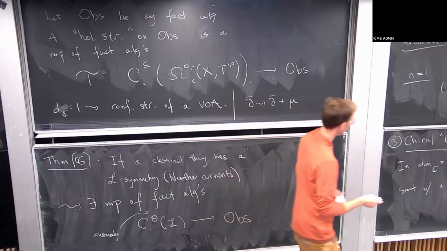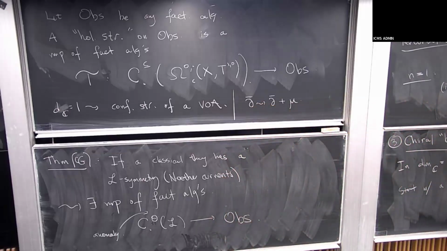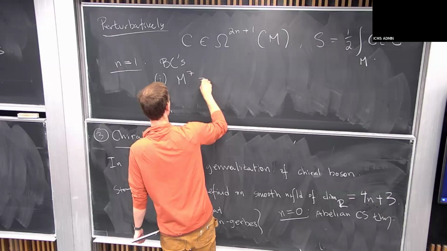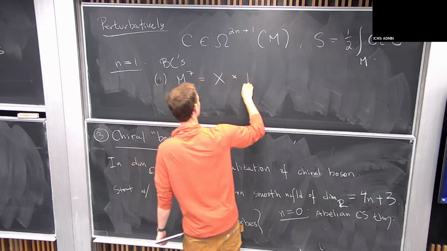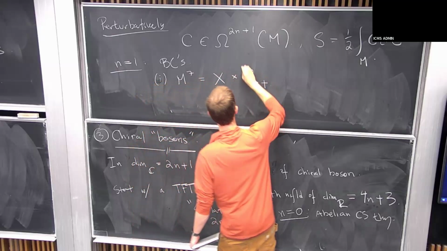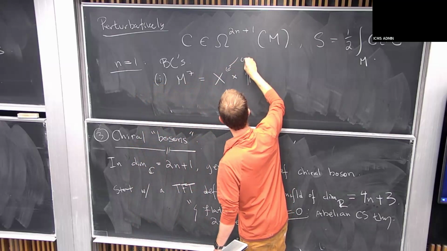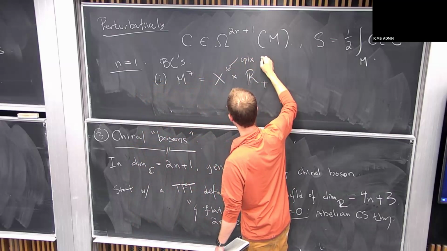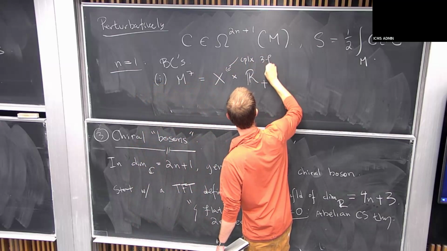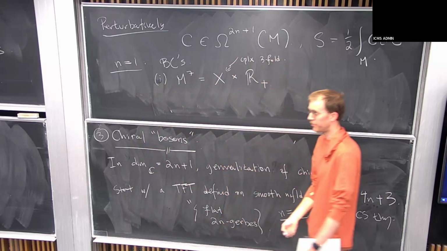The first one makes sense in the following geometry, where I take my 7-manifold to be the product of a complex manifold, so this is now a complex threefold, with the positive real line.